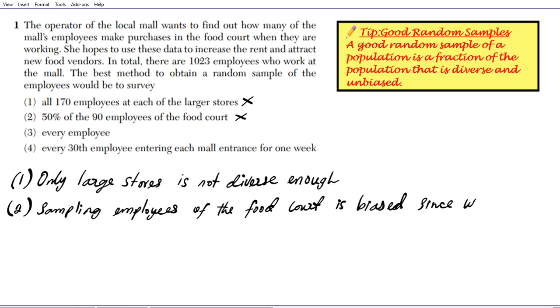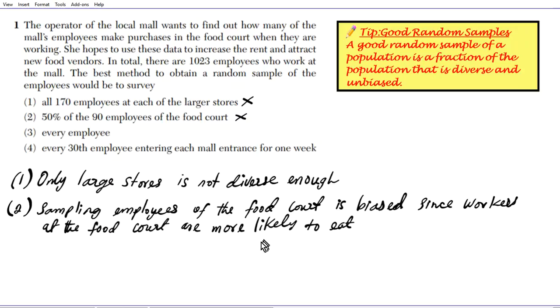Since workers at the food court are more likely to eat there. And then apart from it being biased, it's not diverse because you're just focusing on one geographical area in the mall, namely the food court, but you want to spread your selection across the entire geographical space in the mall. Option 3, every employee.